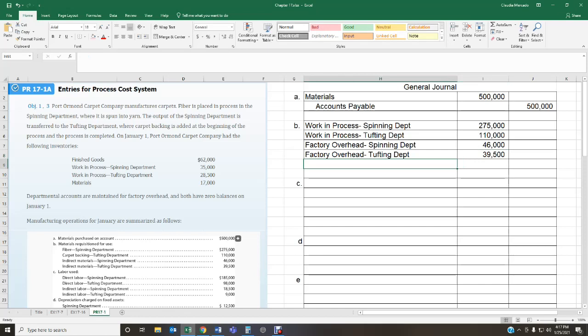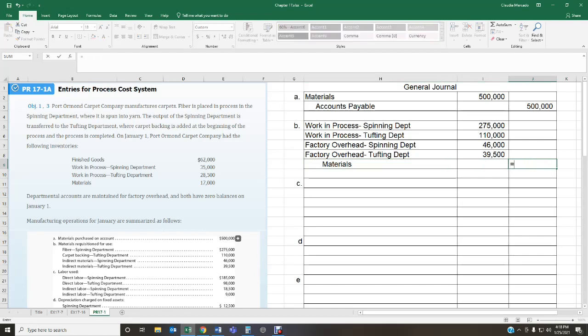Okay? So we requisitioned all of these materials. So we have a whole bunch of materials in our warehouse and we requisitioned them, which means we took them out of the warehouse. So what's going to happen to the amount of materials we have in the warehouse? Is it going to go up or is it going to go down? Well, because you took the materials out of the warehouse, they have disappeared from the warehouse, you have less materials. So what's going to happen? You are using the materials, so your material balance is going to decrease, okay? So materials is going to decrease by the total of everything that was requisitioned, both direct and indirect materials.